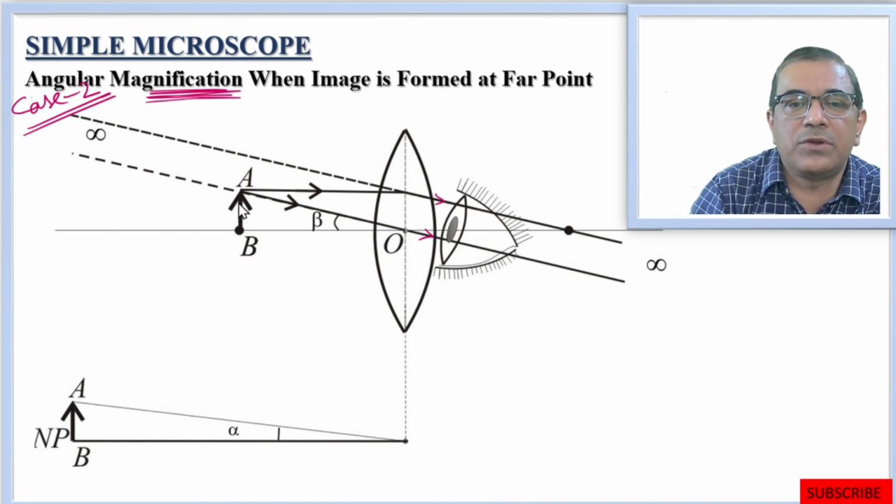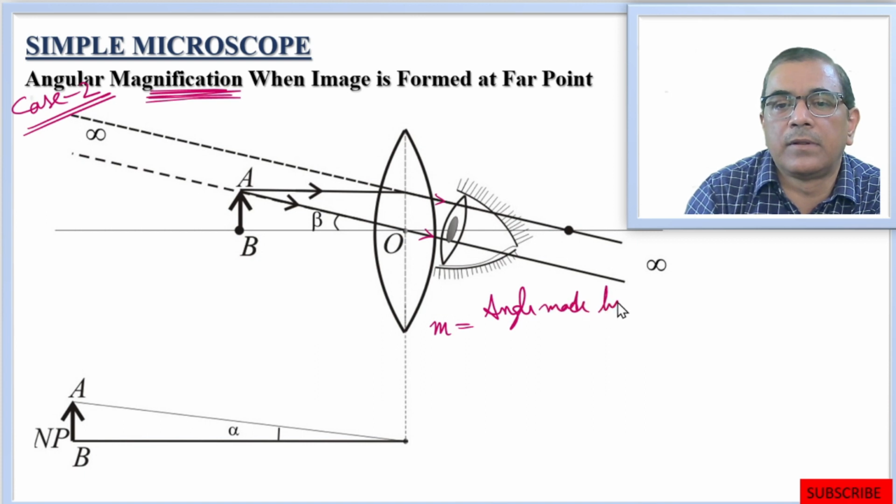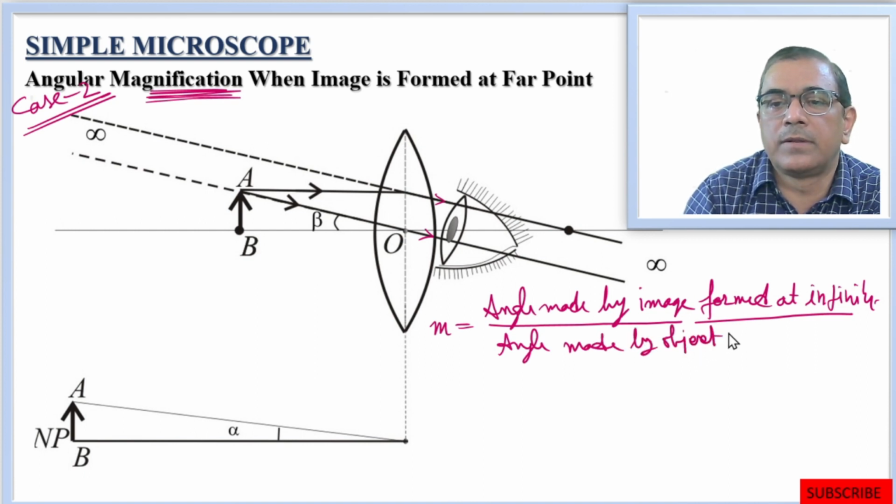The angular magnification of the image with respect to the object is defined as m equals angle made by image formed at infinity upon angle made by object placed at the near point.